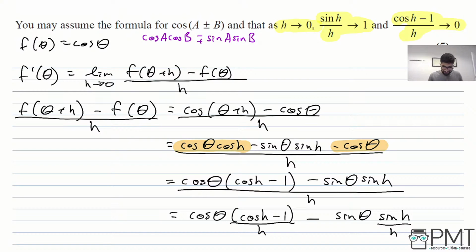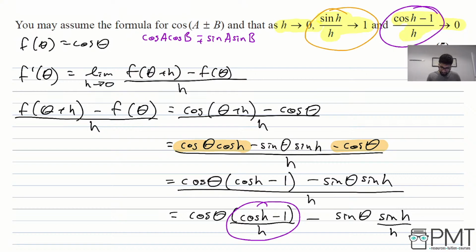The question tells us that we can assume this one, so cos h minus 1 over h goes to 0 as h goes to 0, and we will also be able to assume this one. But at this stage, we have not taken the limit yet, so this is the gradient of the tangent.